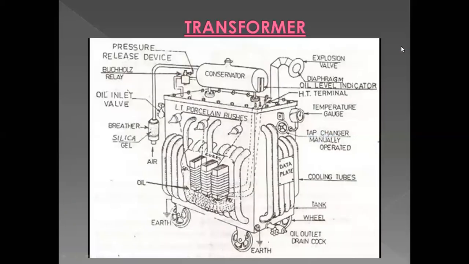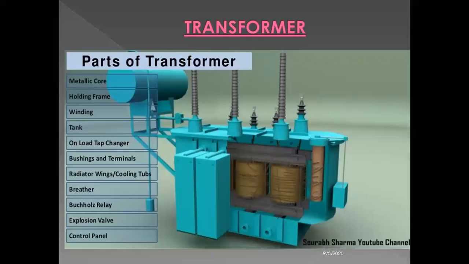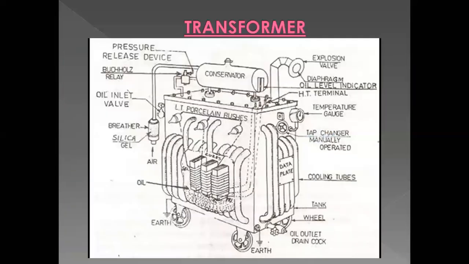I have one more picture for you. The previous picture only indicated the various parts of the transformer. This picture represents a detailed analysis of the parts of the transformer: where the conservator is, where the cooling tubes are, where the tank and wheels are, and all that.